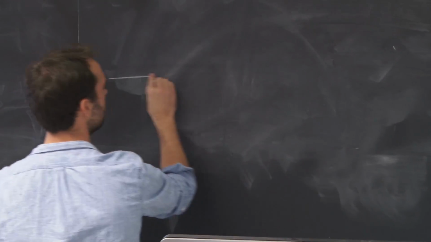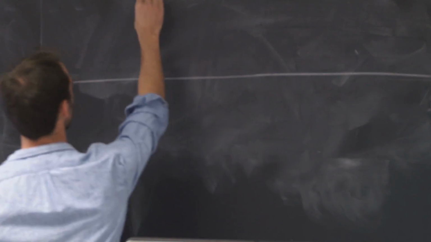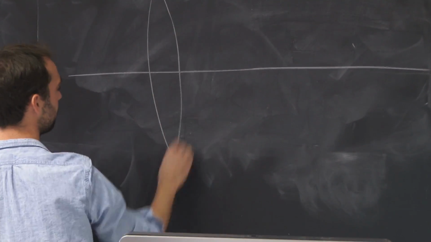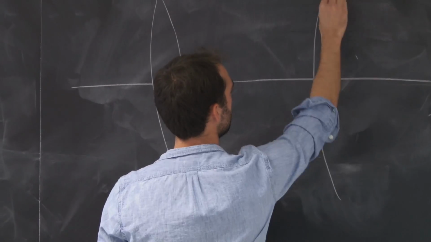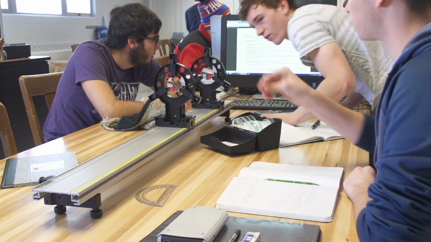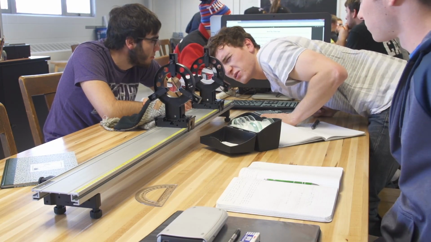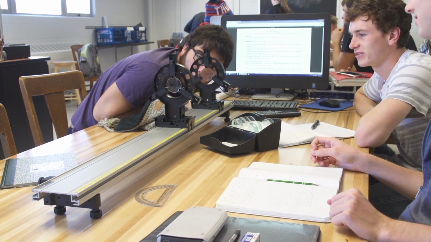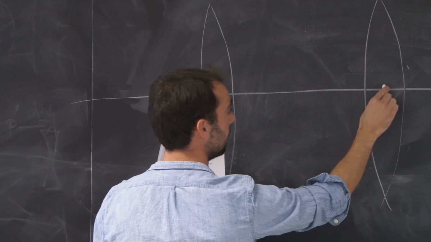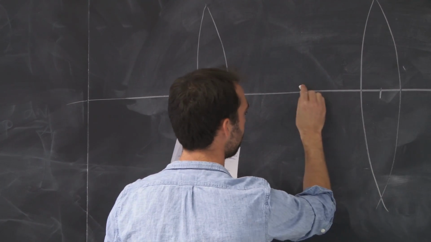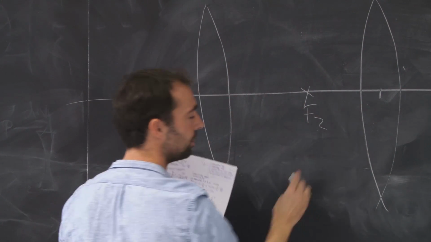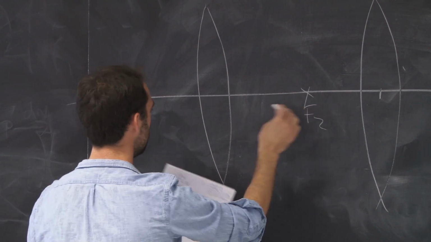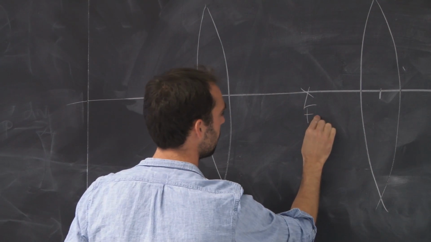So now, I want you to have these two lenses, like this. The whole point of the telescope is that if this one has an f2, let's call this f1 prime.